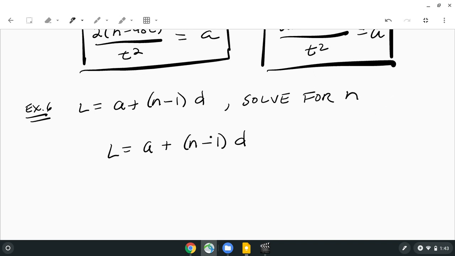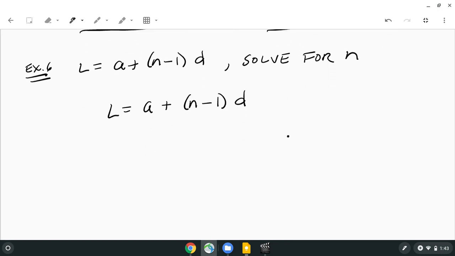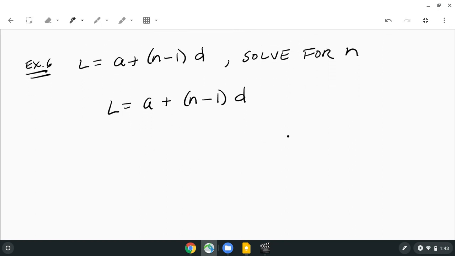Just like in the previous section, we want to do the distributive property first. So L equals A plus n times D minus 1 times D, and 1 times D is just D.